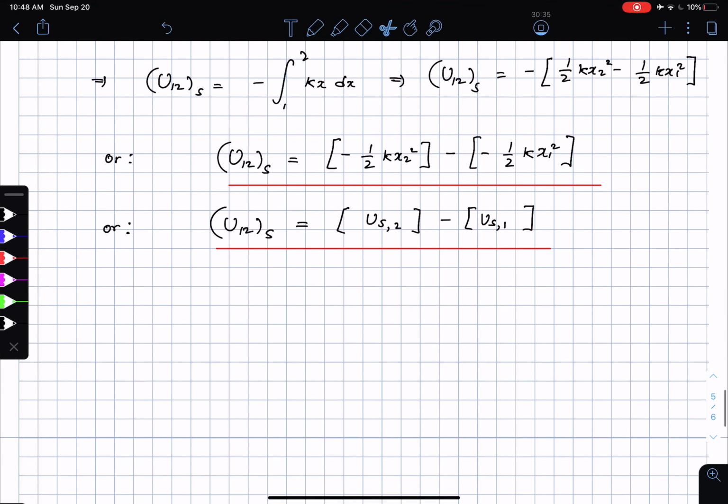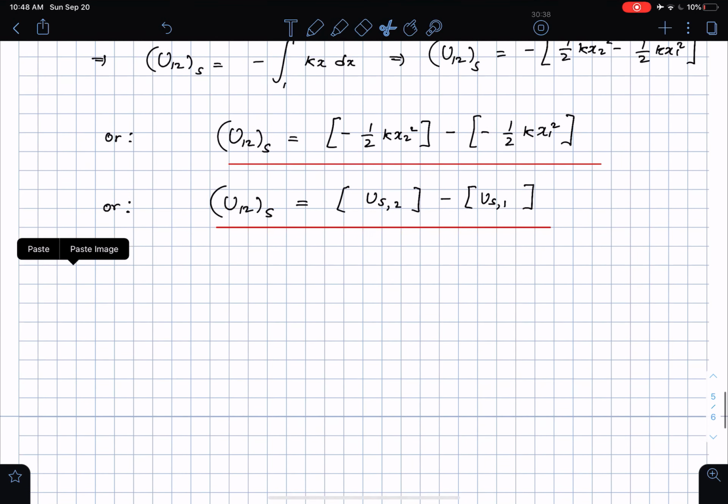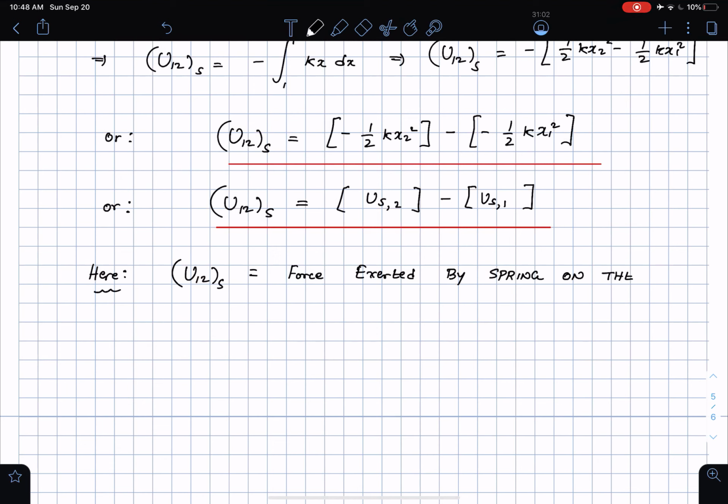Okay, so here I got to get back to my pen. All right, so here U12S is the force exerted by the spring on the particle. Okay, so these are the two things that we have so far.